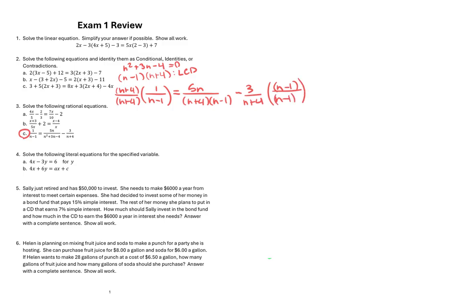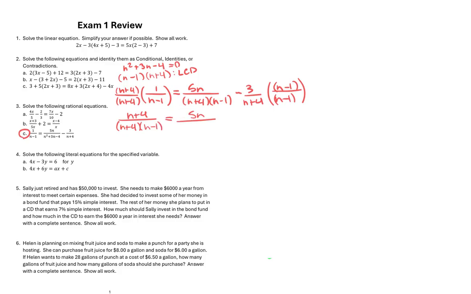Alrighty. And then we can distribute some of our terms here and rewrite. So I have n plus 4 times 1, so that's just going to be n plus 4 over n plus 4 times n minus 1 equals 5n.